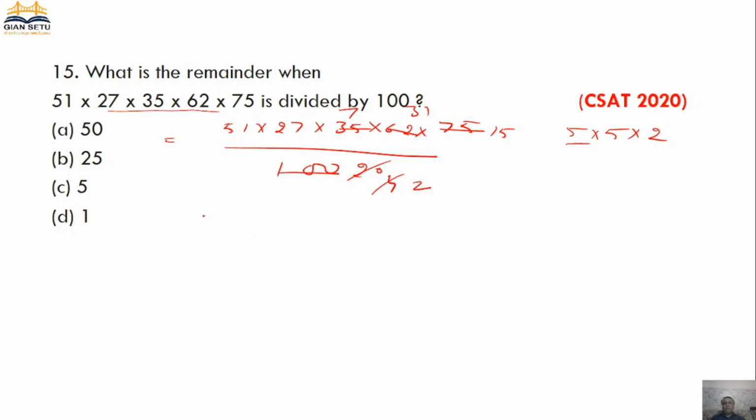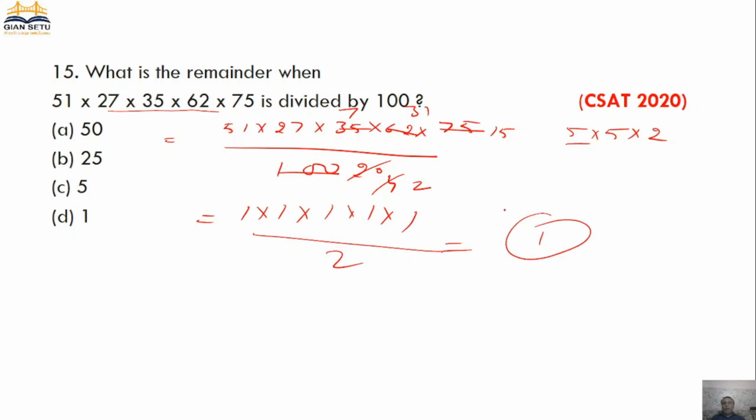Now we can see here, if we divide 51 by 2 we will get a remainder of 1. Similarly, if we divide 27 by 2 we get a remainder of 1, and when we divide 31 by 2, again we get a remainder of 1, and similarly when we divide 15 by 2 we get a remainder of 1.